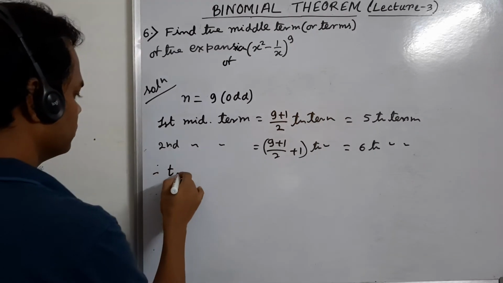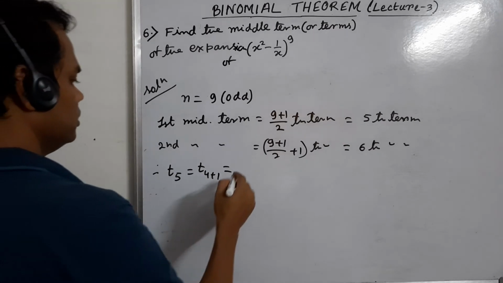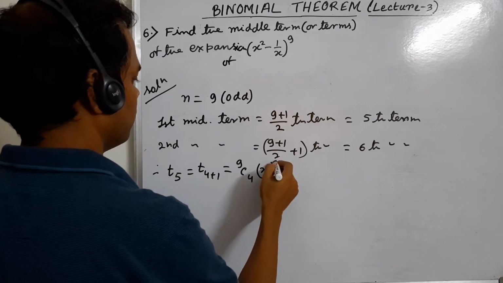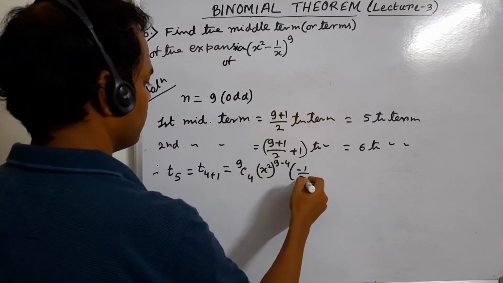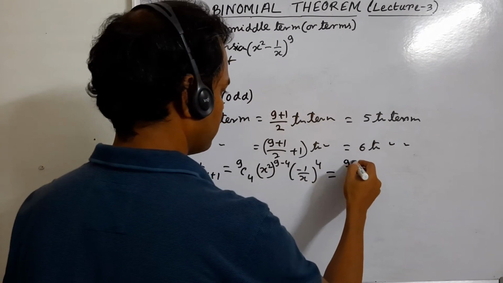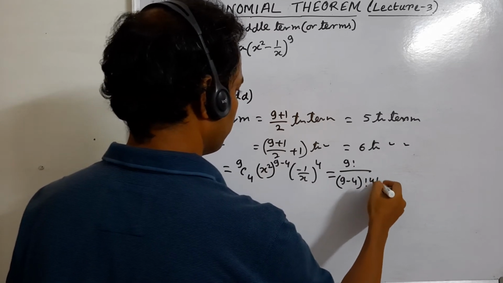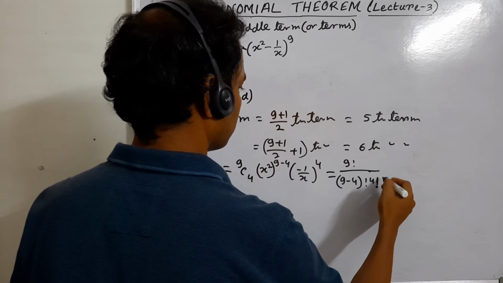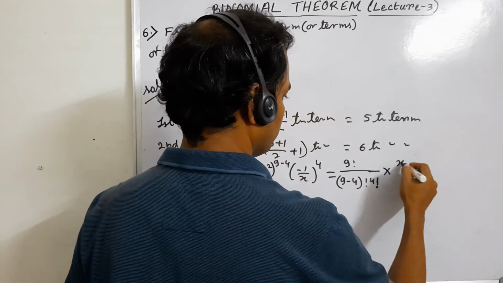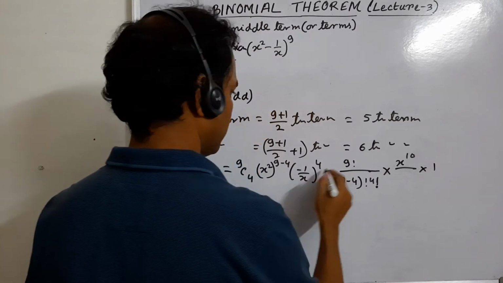So T5 equals T of 4 plus 1. T of 4 plus 1 is 9C4 (x square) whole to the power 9 minus 4, (minus 1 by x) whole to the power 4. So 9C4 is 9 factorial by (9 minus 4) factorial into 4 factorial, into (x square) whole to the power 5. So x to the power 2 into 5 is 10, and minus 1 to the power 4 is 1 by x to the power 4.